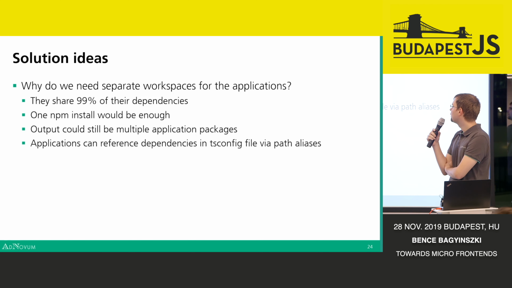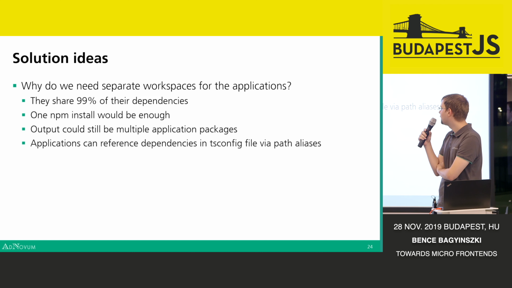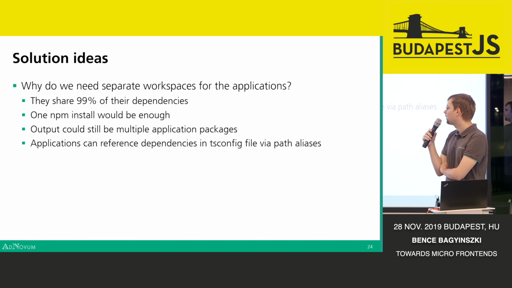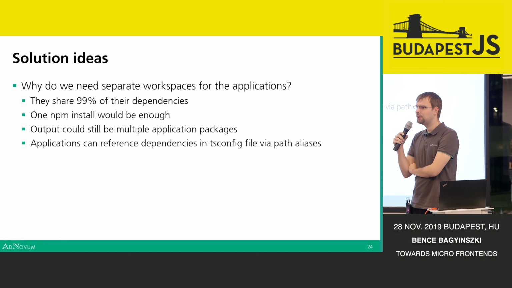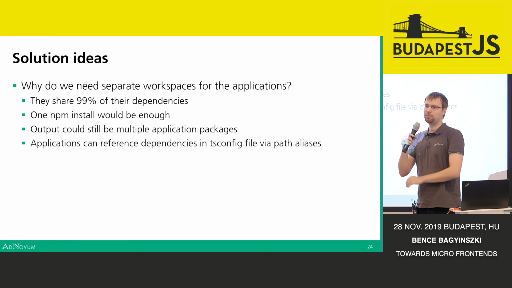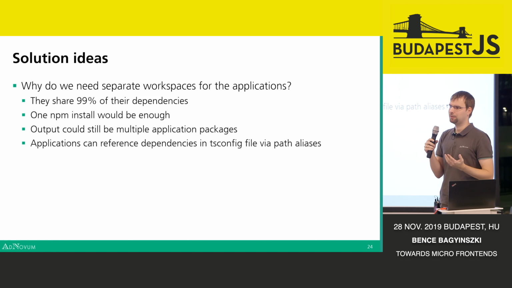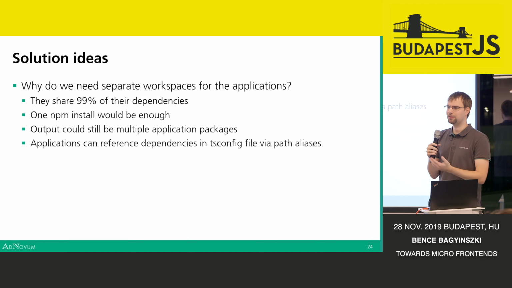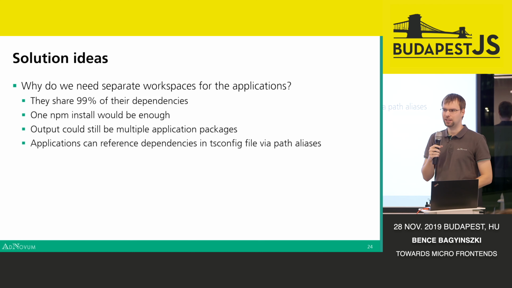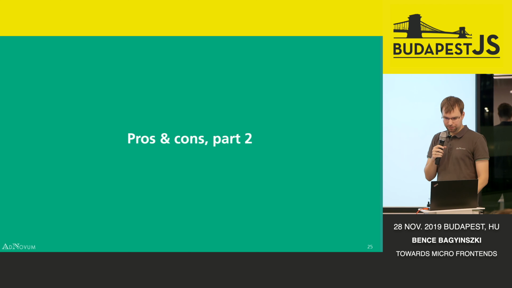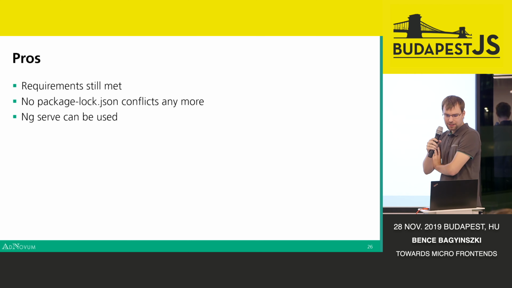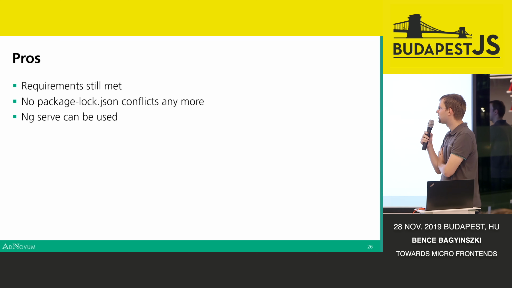The output could still be multiple application packages, and in that case, one npm install would be enough. Well, actually, because of the Angular framework, 99% of the dependencies are the exact same in case of all the applications anyway. So we tried it out, and we realized that, yeah, the requirements were still met.